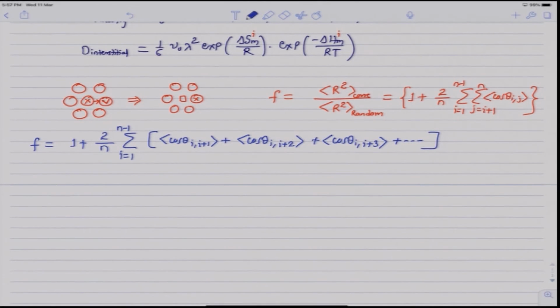Now, fortunately, we do not need to consider the pair of each jump with another jump that occurred after it, because for any cubic lattice we can show cos theta i, i plus j is equal to average of cos theta i, i plus 1 to the power j.